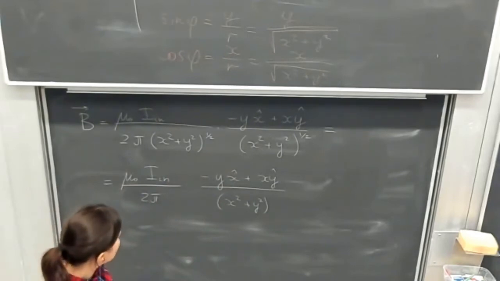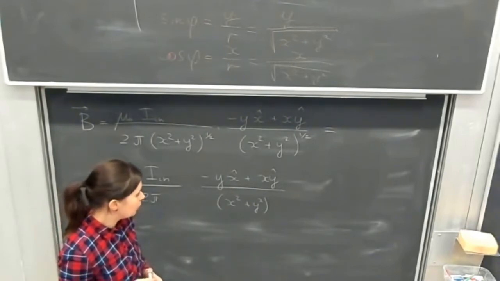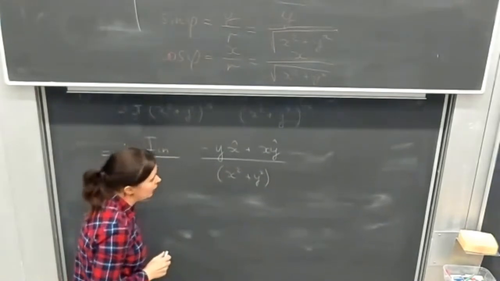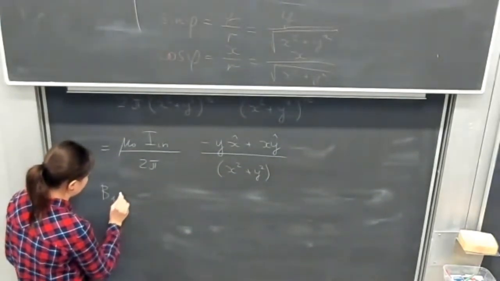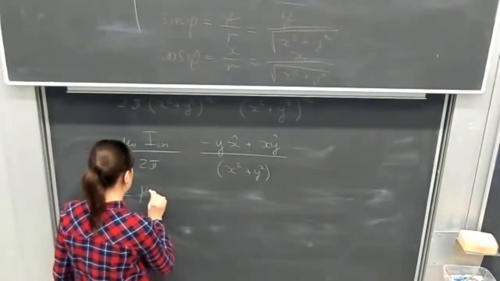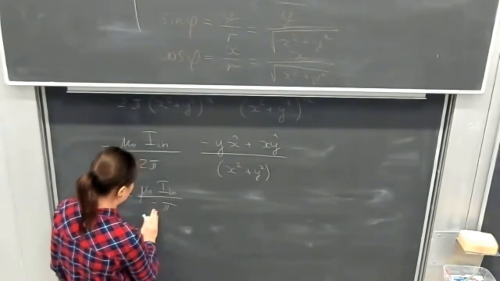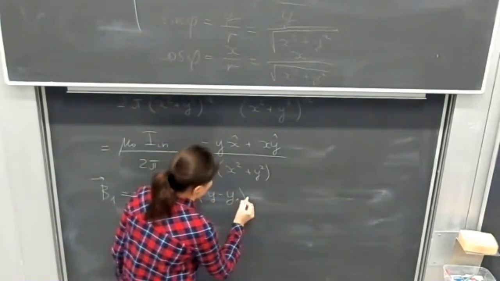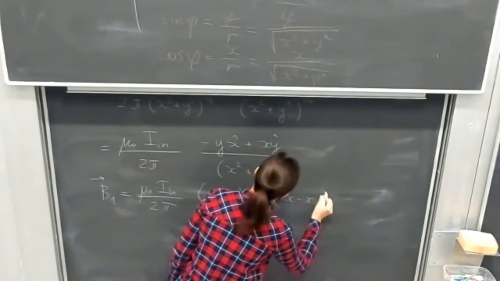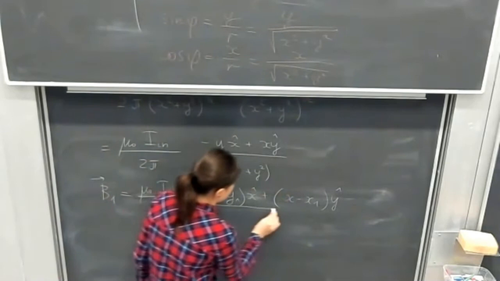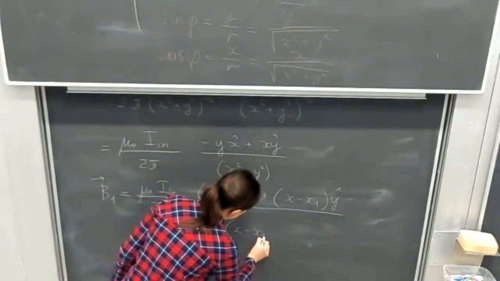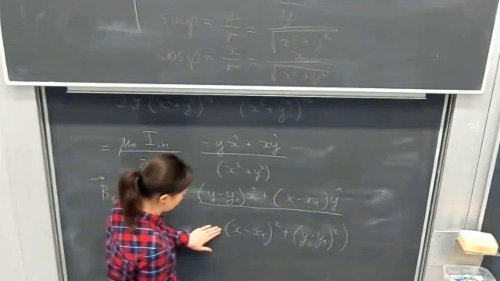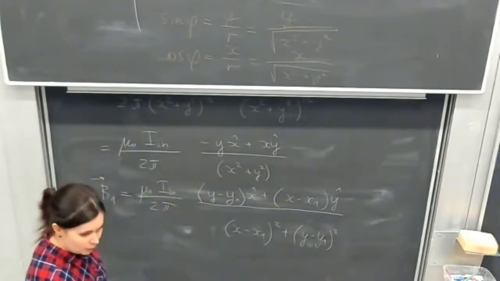That's the general form right now, but we are given that each current passes through a point x1, y1, and then for the B1 can be written the following.